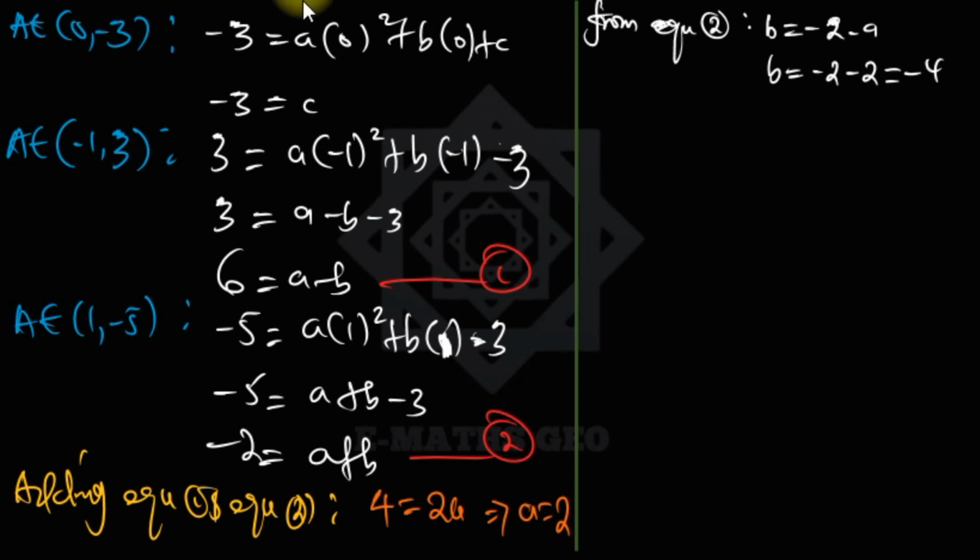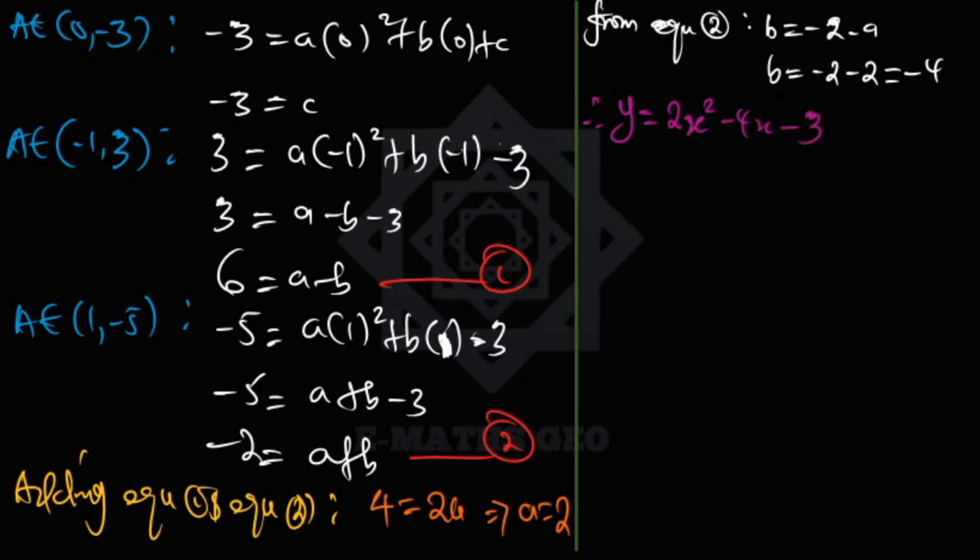So the value of b is minus 4. So we've gotten the quadratic function. Therefore the quadratic function is y equals 2x squared minus 4x minus 3.